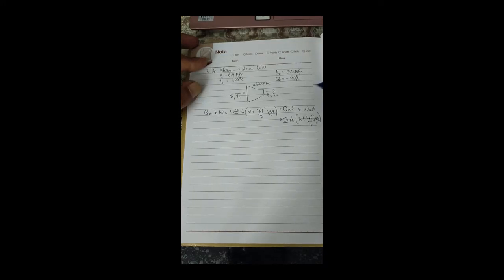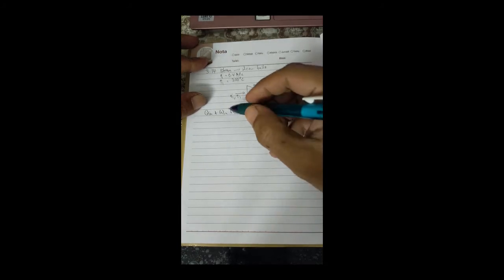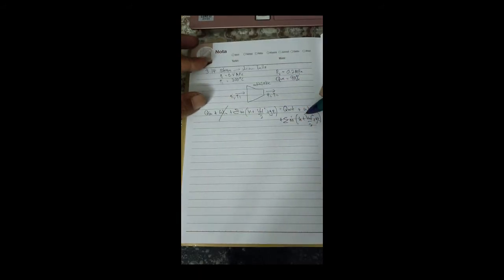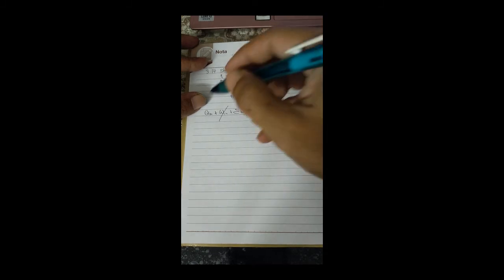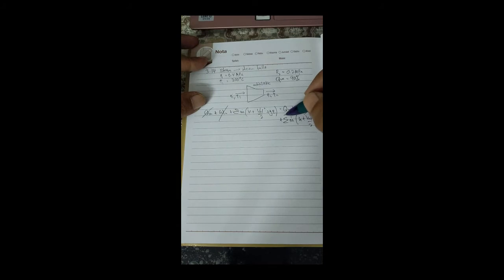From this general equation, we need to take out the unnecessary items that are not involved in the problem. Basically, the nozzle is not producing or requiring any work, so we take out the work. Also it's adiabatic, which means no heat injected or heat rejected.